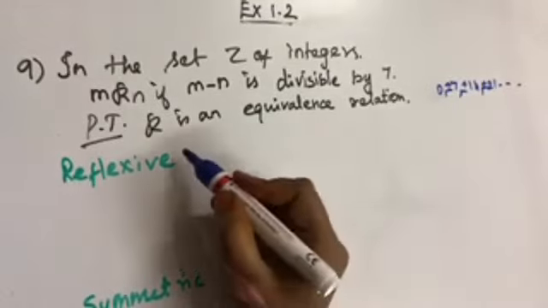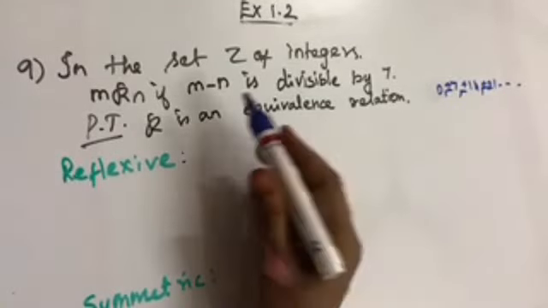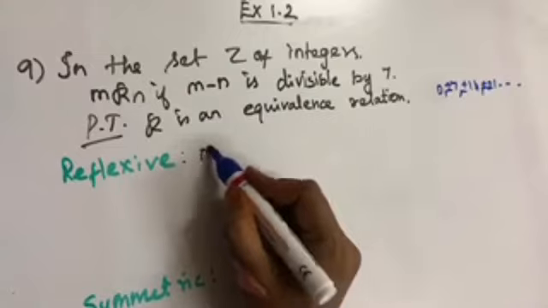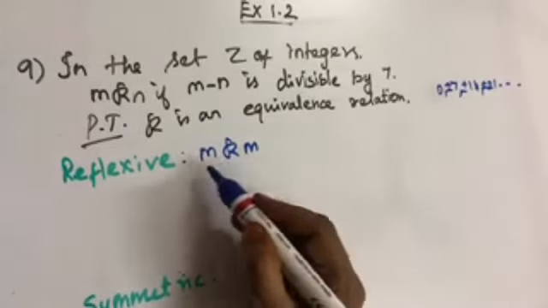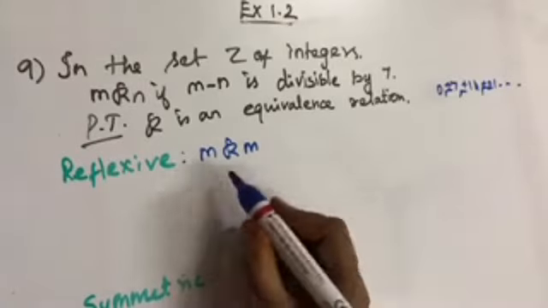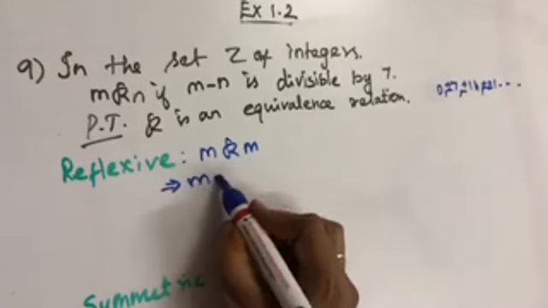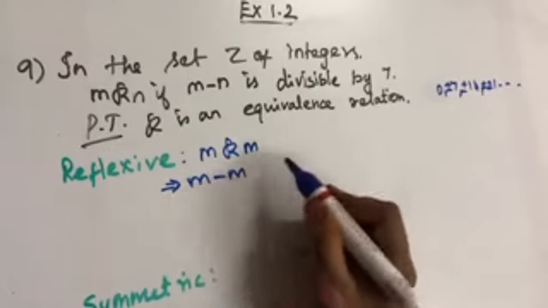Okay, so first, to prove it is reflexive, m should be related to m, right? So m should be related to m. That implies m minus m. What is m minus m?